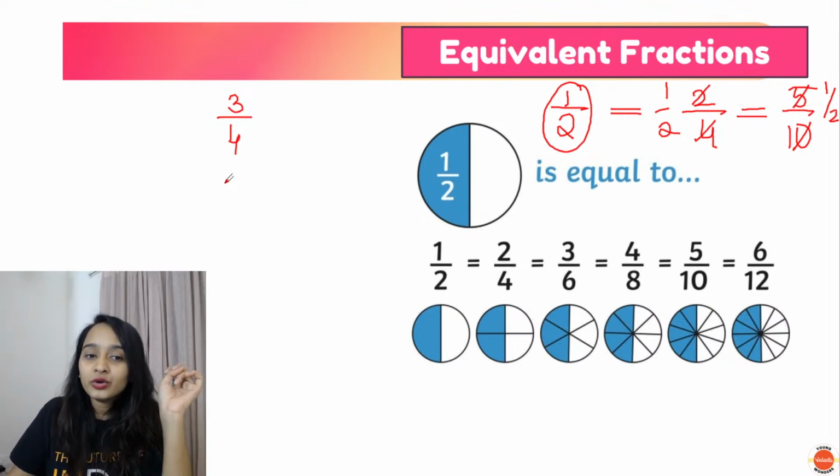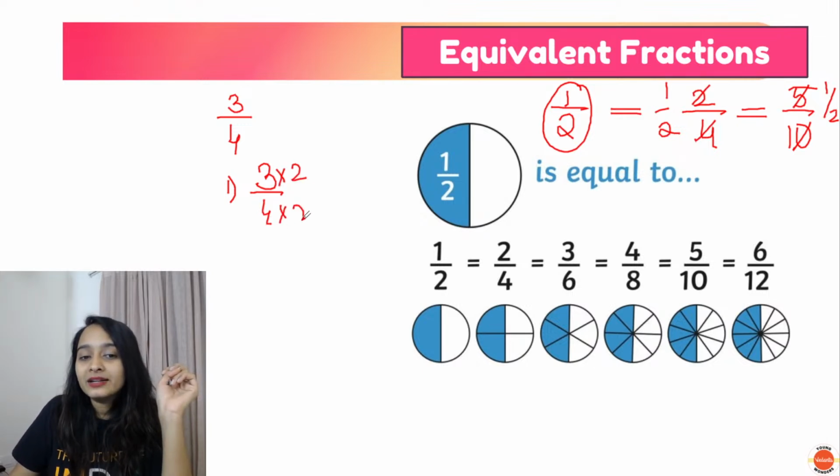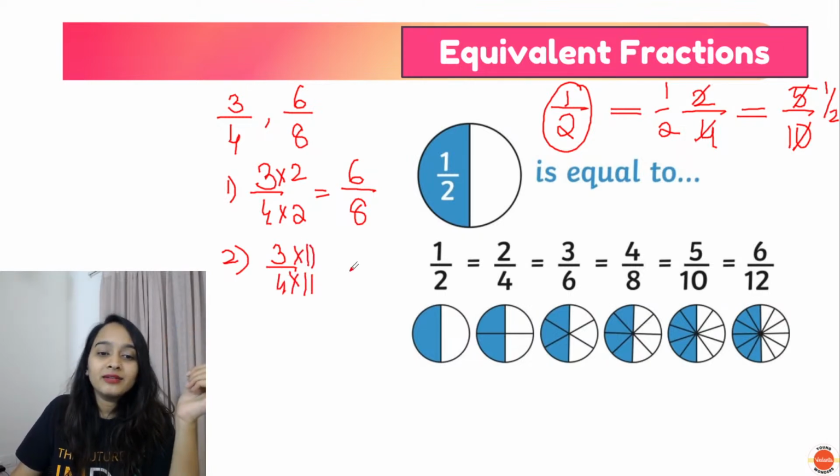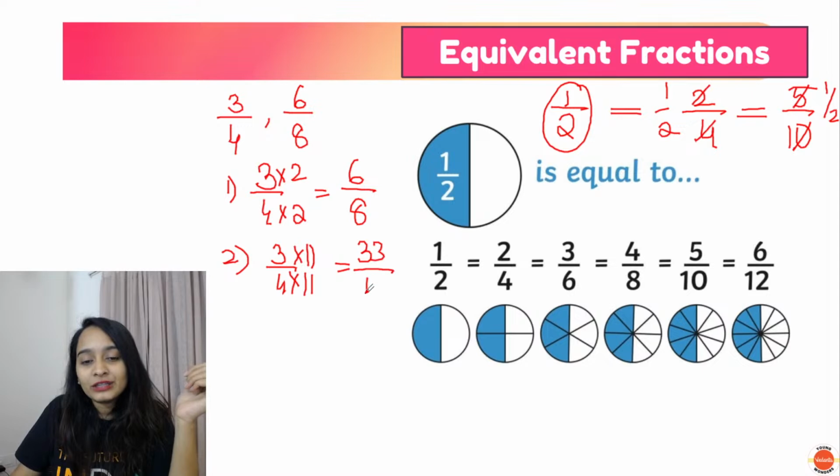Now, agar question ऐसा है, find 3 equivalent fractions of 3 by 4. तो आप क्या करोगे? First take your 3 by 4, multiply the numerator and denominator with the same number. So, the other fraction is 6 by 8. Take your 3 by 4, multiply with any number. I'll multiply with 11. 33 by 44.